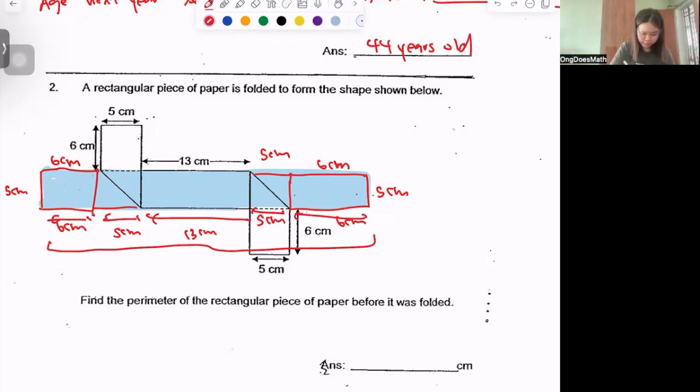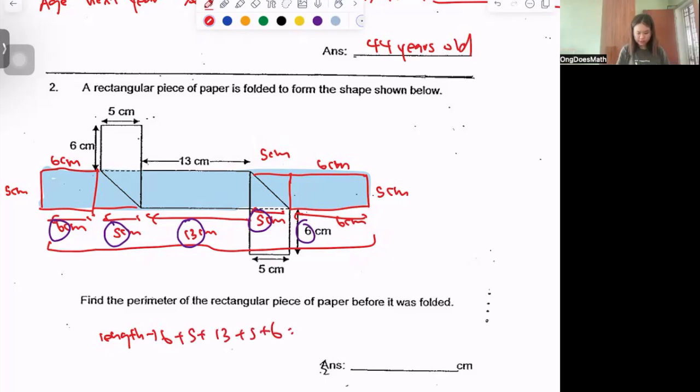Just 6 plus 5 plus 13 plus 5 plus 6, right? So this should give you 35. And the breadth was 5 cm.